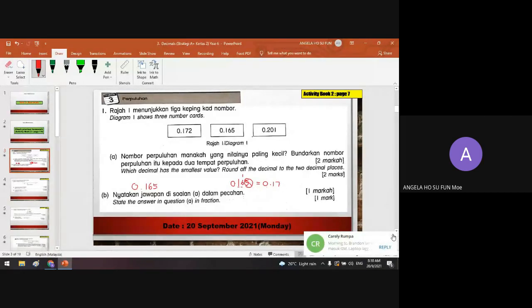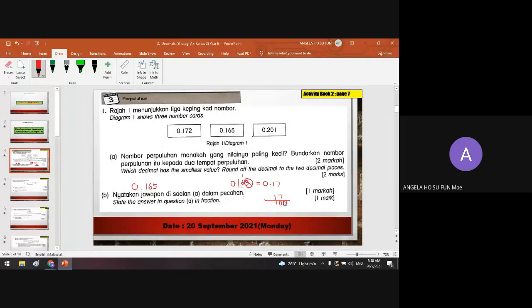Okay, next. How about B? State your answer in A in fractions. Volunteer, anyone? Anyone from there can give me the answer? How to write this answer in A in a fraction? 17/100. Okay, very good. It is 17/100.